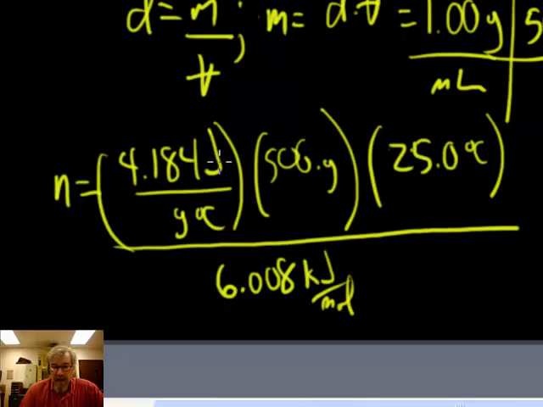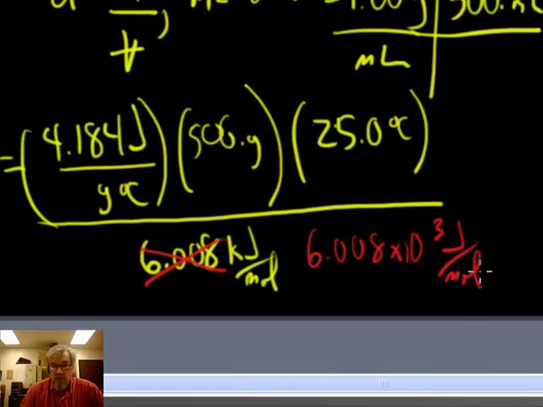However, I have joules up here and kilojoules down here, so I'm going to want to change that. Instead of kilojoules per mole, I'm going to replace this with 6.008 times 10 to the third joules per mole so that my joule unit will cancel. I just multiplied by 10 to the third, making it 1,000 times bigger, because there are 1,000 joules in a kilojoule.